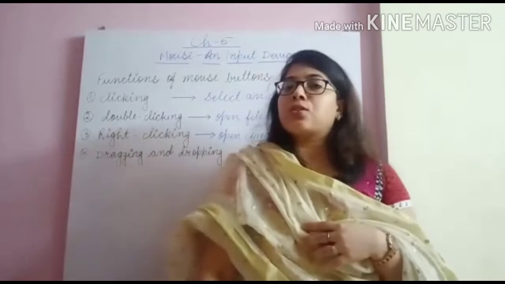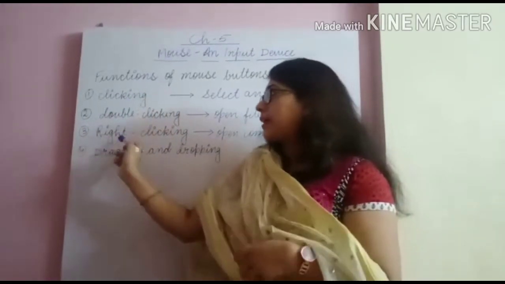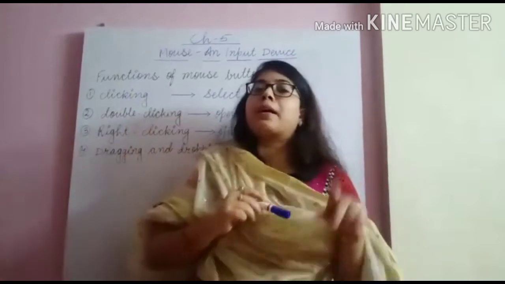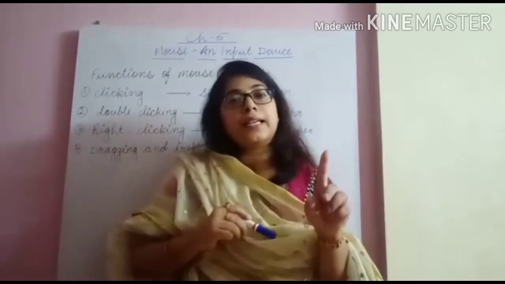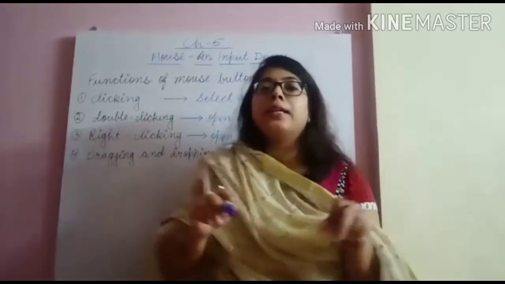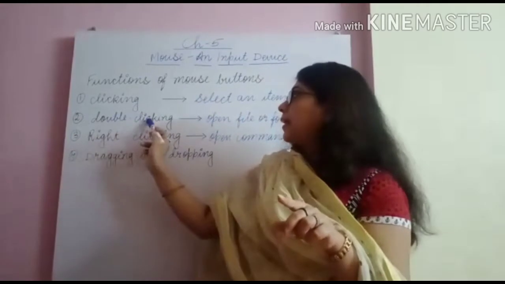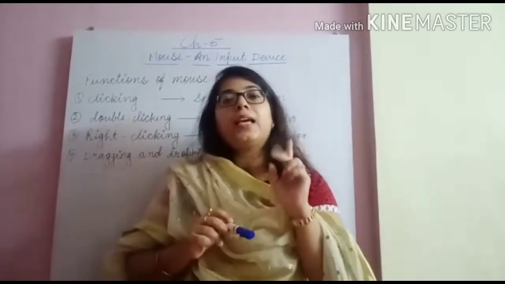So what have we studied today? We have studied about clicking, double clicking and right clicking. Clicking the left mouse button once is called single click or clicking. It helps you to select an item on the monitor. Double clicking is pressing the left mouse button twice quickly in one go.